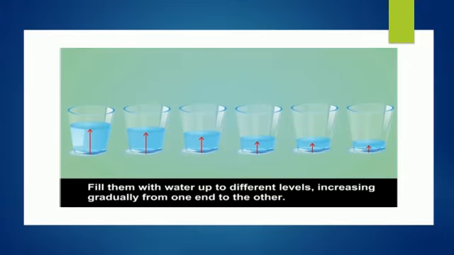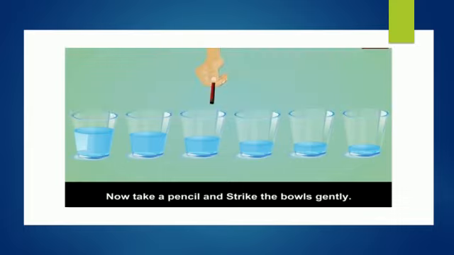Now, fill them with water up to different levels, increasing gradually from one end to the other, as you can see in this picture. Now, take a pencil and strike the balls gently, as you can see in this picture.